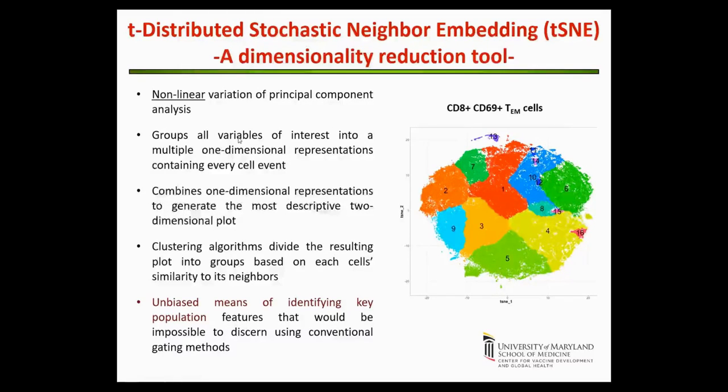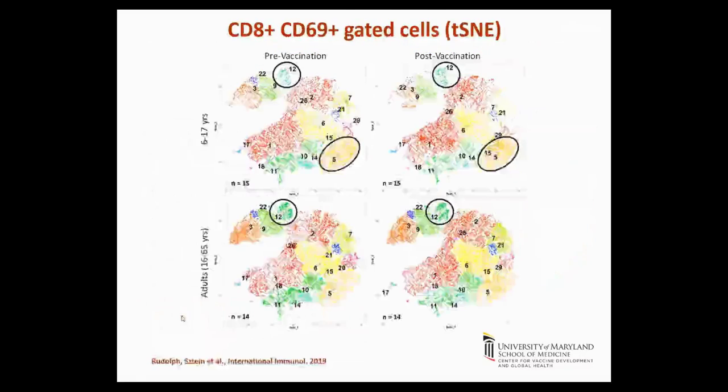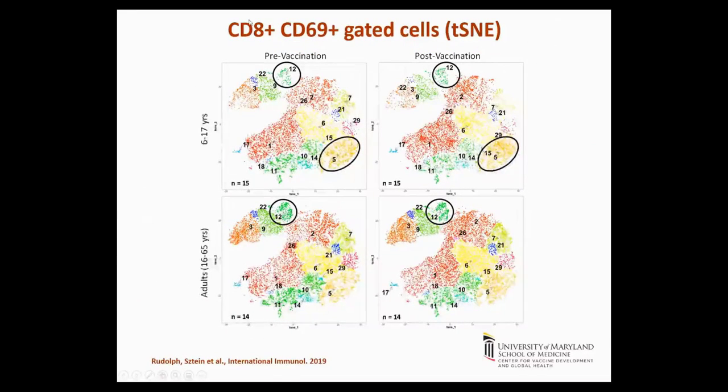But to study in further depth these responses, since we are working with mass cytometry with over 30 parameters, we use tSNE, which is one of the classical dimensionality reduction tools, to study the variation between children and adults. And the advantage of this is that this provides an unbiased means of identifying key population features that would be very difficult to discern using conventional gating methods.